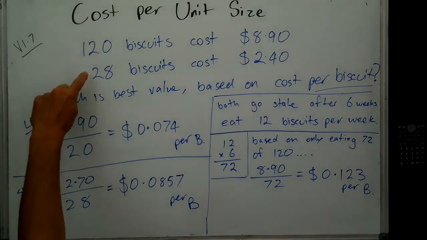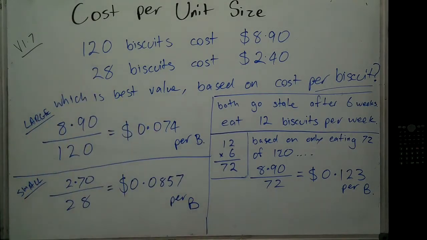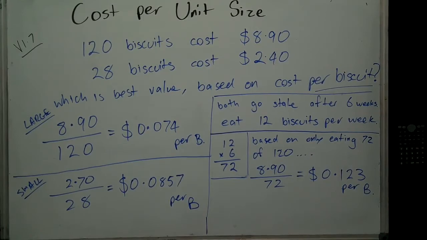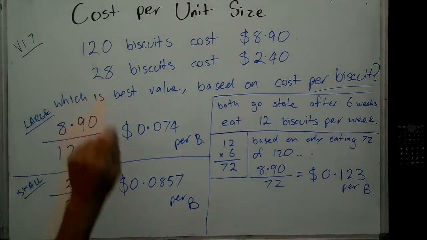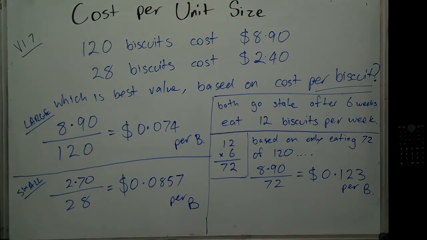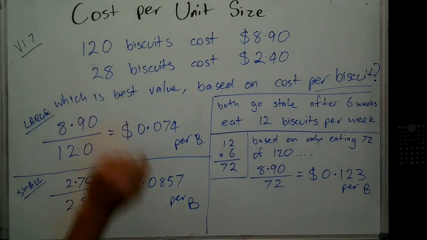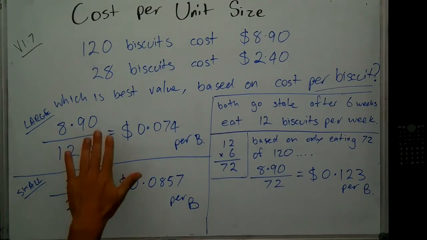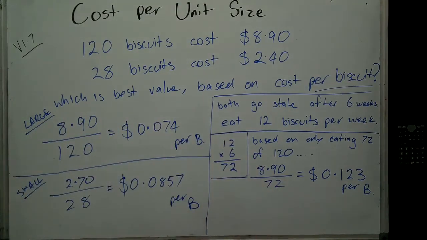With the small packet, 28 biscuits. So I want to keep eating biscuits for these whole 6 weeks. I go in and buy the first one, and I eat 12 in the first week, and I eat 12 in the next week, and then I've got 4 left in the packet. It's still only 2 weeks, so I can eat those 4, go and buy a fresh packet, which then has 6 weeks shelf life.